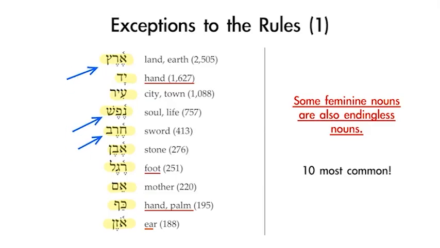Nefesh, cherev, even, regel, ozen. This particular category of noun, that is 2-syllable nouns accented on the first syllable, do have a high frequency of endingless feminine singular nouns in them. And so it's one of the things that can help you identify them. So segolate nouns, or 2-syllable nouns accented on the first syllable, which we'll talk about later, or body parts, have a propensity to be endingless feminine singular nouns.